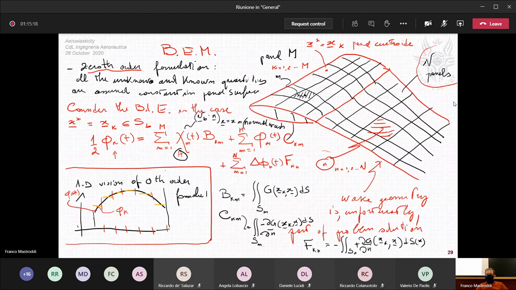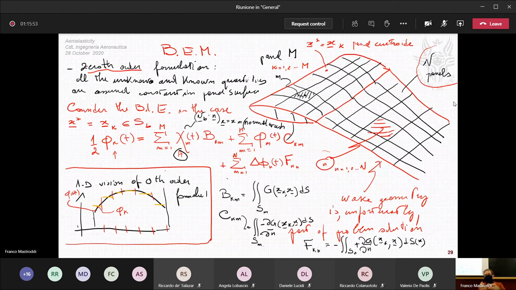Now, this coefficient f_kn, c_km, can be evaluated one time only, because these integrals are not essentially time dependent. In the sense, if the panel can be retained as a solid panel, rigid panel, without any kind of distortion.